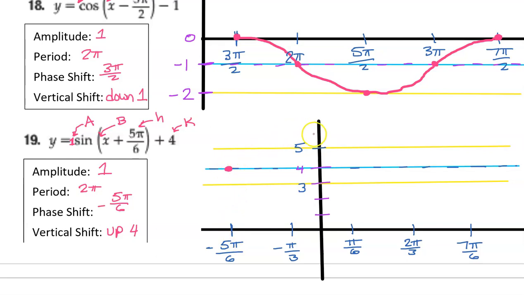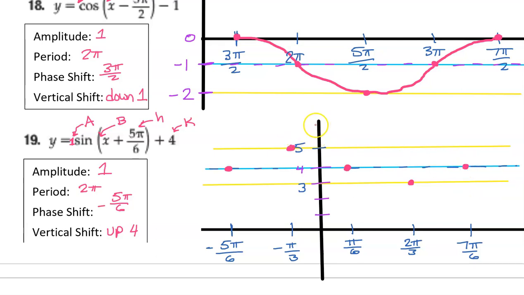And then from there, the sine function goes up and down and back. So a quarter period over, the function will be at its highest point. Another quarter period goes by and we're back at the midline. A quarter period later, the sine will be at its low. And finally, a quarter period later, the sine function will be back at the midline.